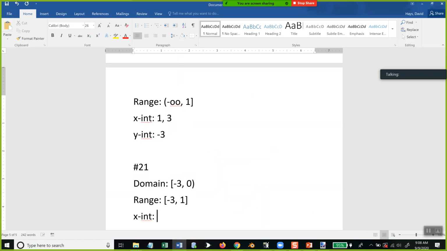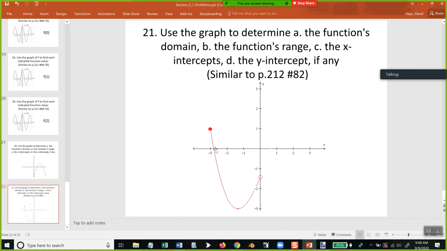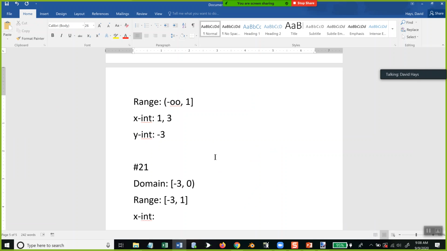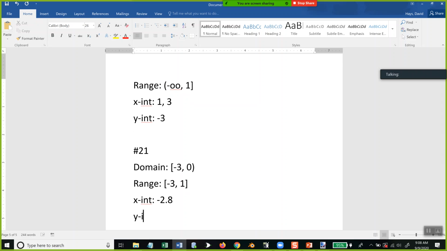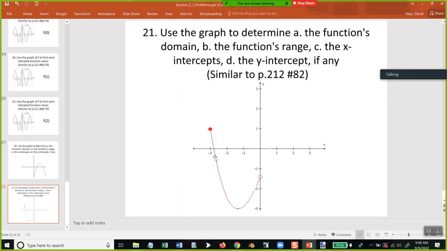Now, x-intercept is where a graph touches or crosses the x-axis. And this is an estimate, maybe -2.7, -2.8. This one's kind of tricky. What's my y-intercept?